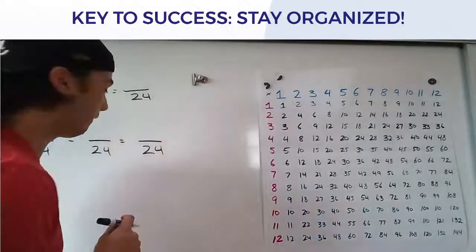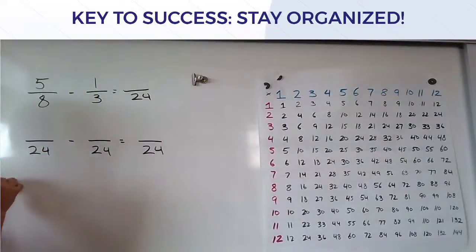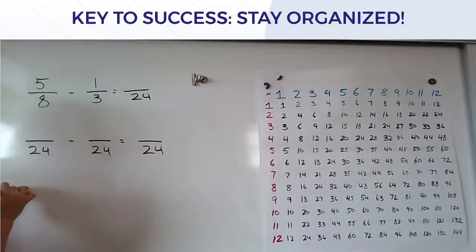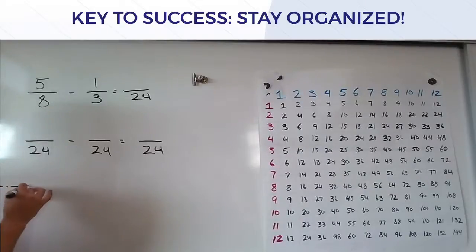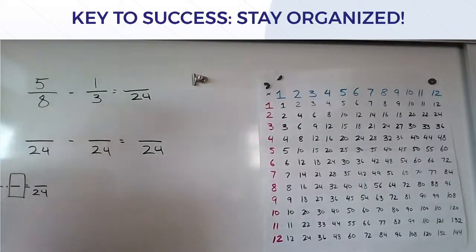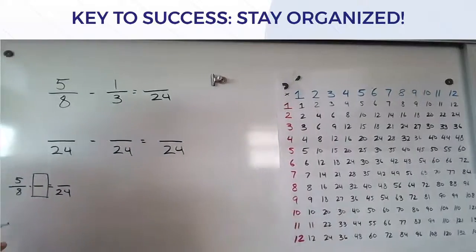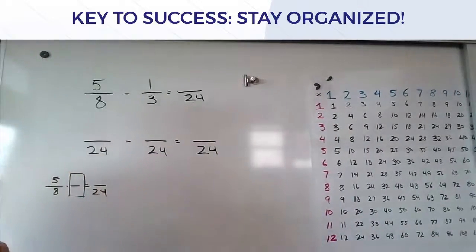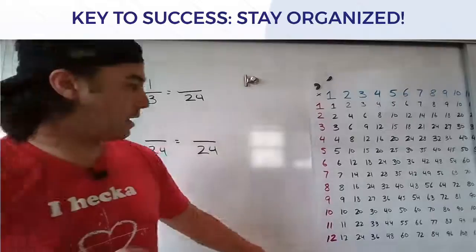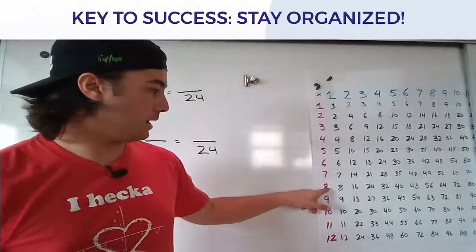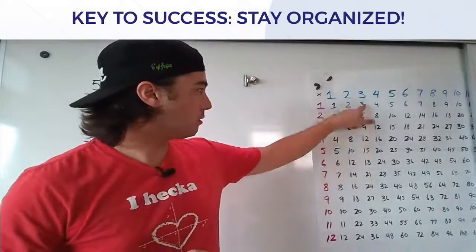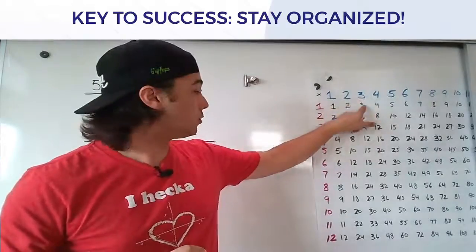Now, let's convert. So 5/8 times an equivalent of 1 equals some sort of 24ths. I'm putting this in my 1 box so I remember. Now let's think about 8 times what is 24? 8 times 3 is 24.